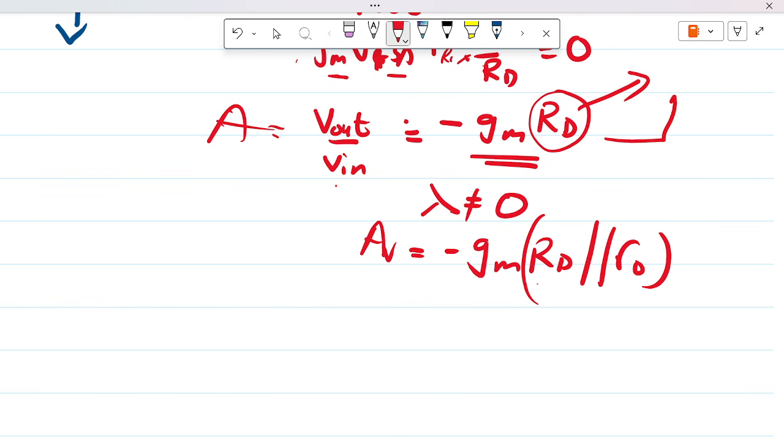Once RD increases beyond a certain limit, it's going to be constrained or limited by the value of RO. So the maximum gain we can get from the device is gmRO, which is called the intrinsic gain.